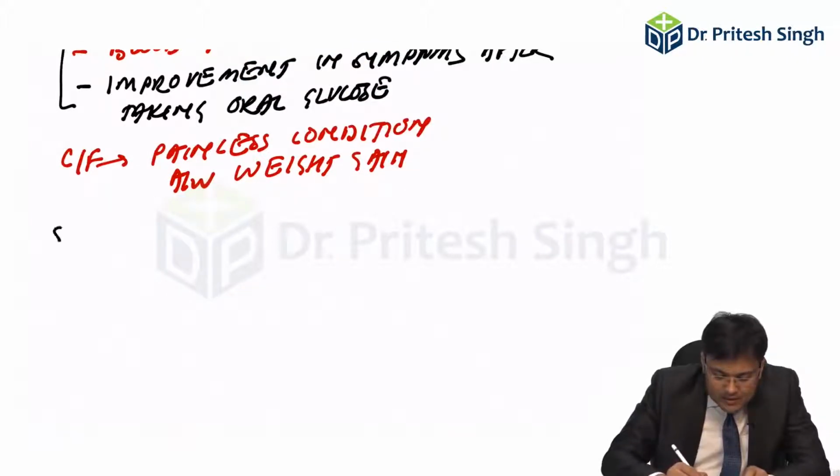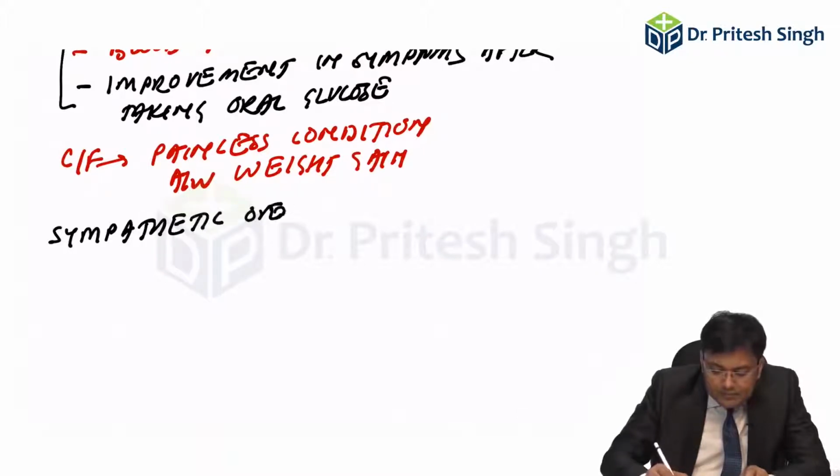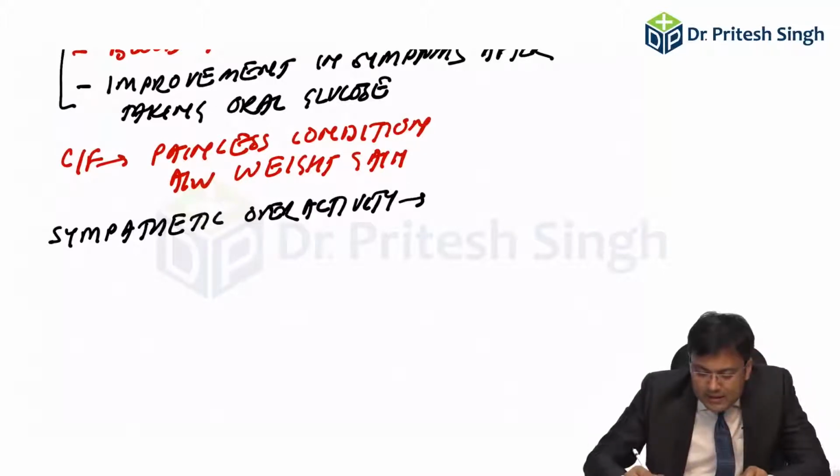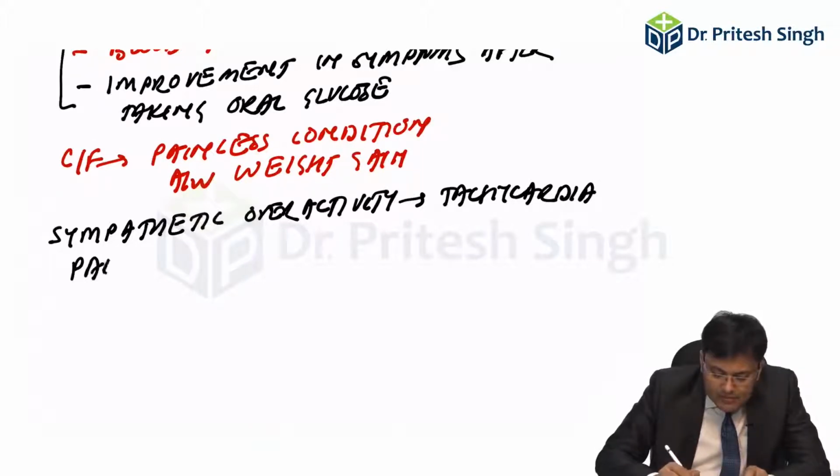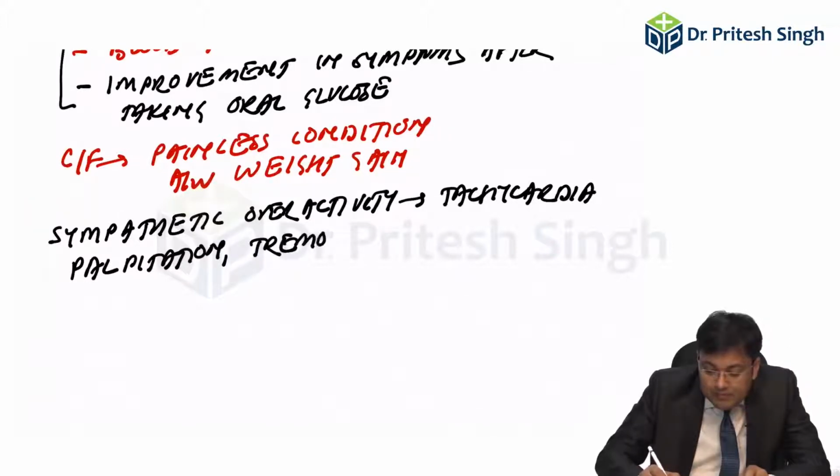First, because of sympathetic overactivity, there is tachycardia, palpitation, tremors, excessive sweating.